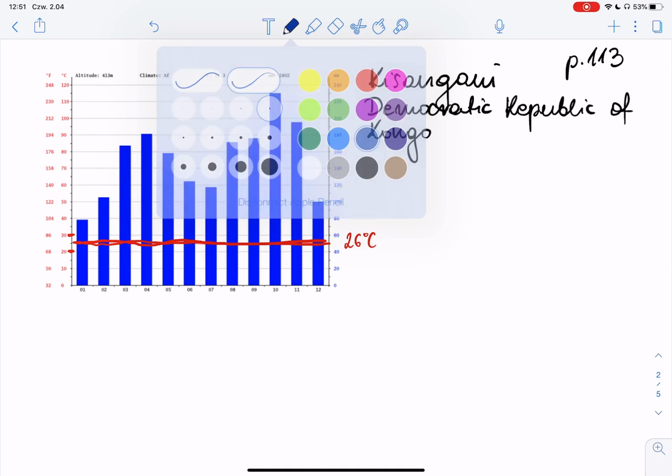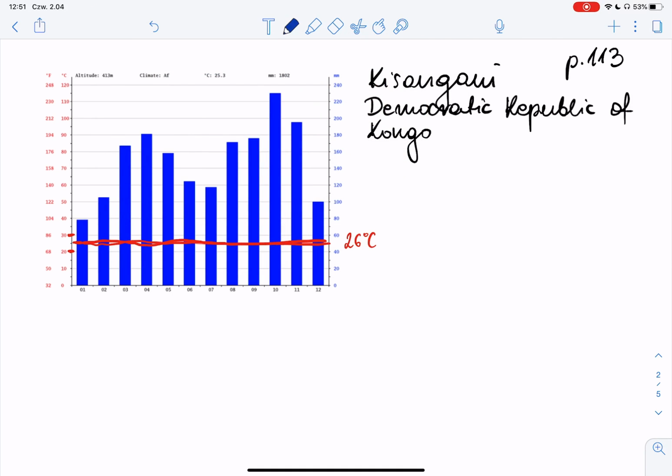Also, the precipitation is really high, up to 240 millimeters. Let me remind you that the annual sum of precipitation for Poland is around 600 millimeters, and here 1 month only serves as 1/3 of the whole Poland's sum of precipitation.